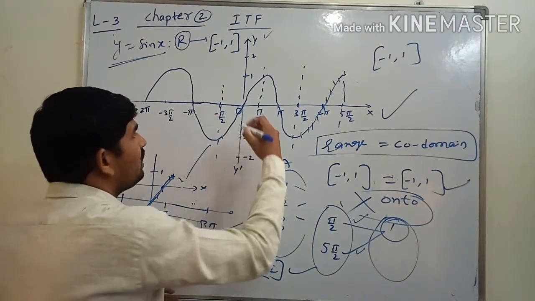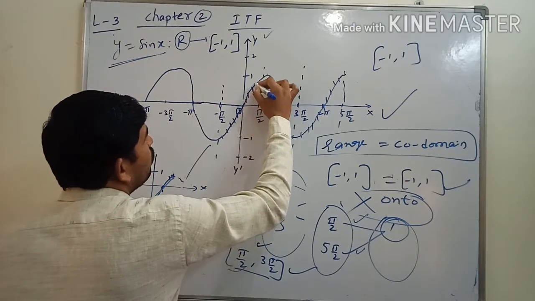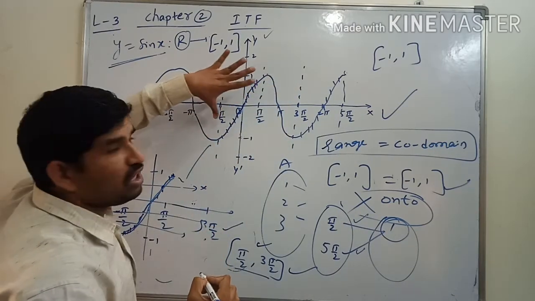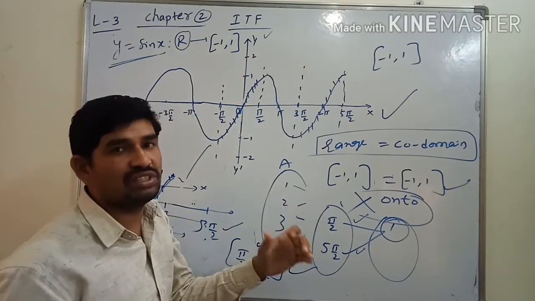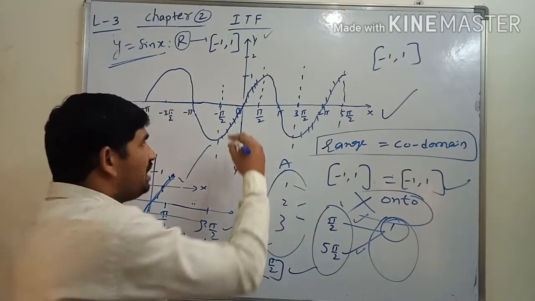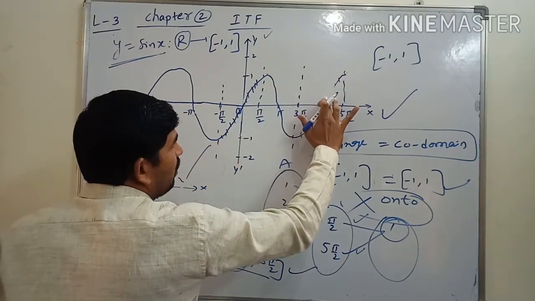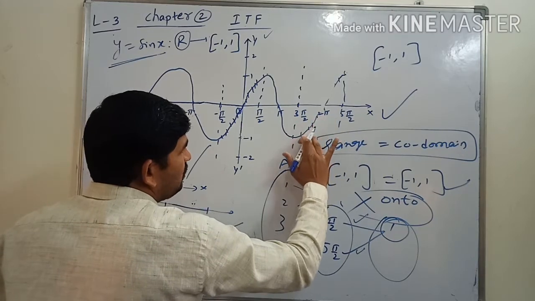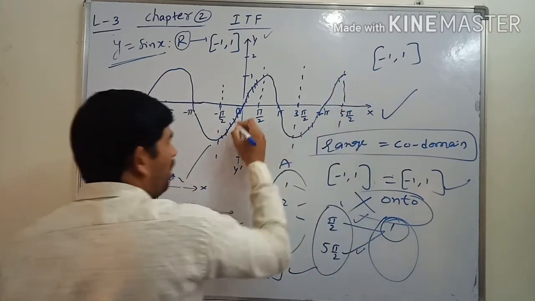So now we will take, remember, in between minus pi by 2 to pi by 2 only. Which branch are we taking here? Only minus pi by 2 to pi by 2. This is the universal branch, that's why I am taking minus pi by 2 to pi by 2. Clearly I am going to write here, I am not taking the other branches, I am just taking minus pi by 2 to pi by 2.